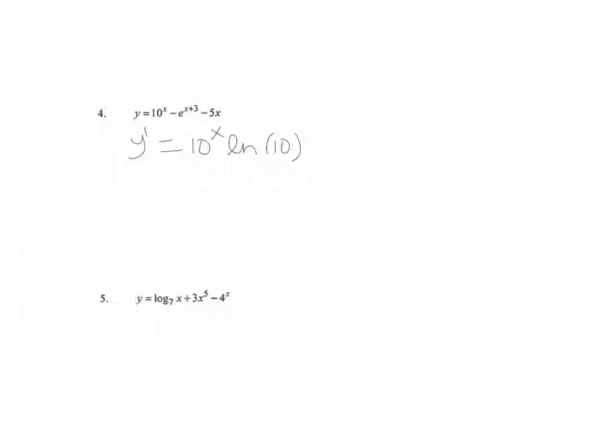All right, how are we going to differentiate minus e to the x plus 3 power? Well, remember we said e to the x power differentiates as e to the x power. Technically, what they've given you is something we should use the chain rule for. We're going to learn that in a couple of sections. They're kind of bad about this, putting some things in a little ahead of time.